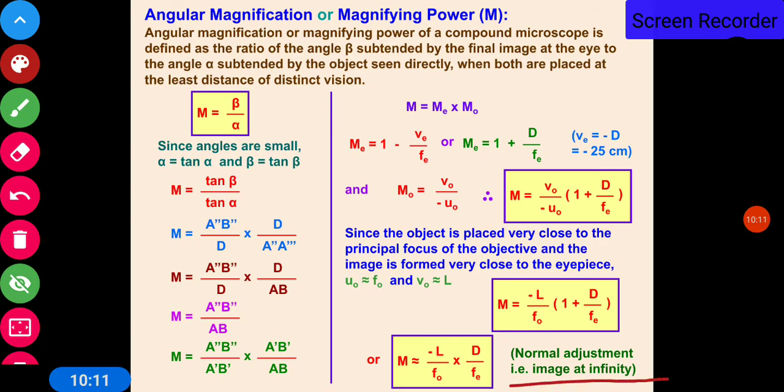Now what is the normal adjustment? When the final image is formed at infinity. So when the final image is formed at the least distance of distinct vision, then m is equal to minus L upon F naught into 1 plus D upon FE, and when the final image is formed at infinity, the same formula reduces to m is equal to minus L upon F naught into D upon FE.